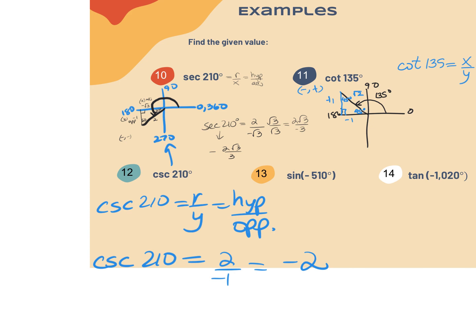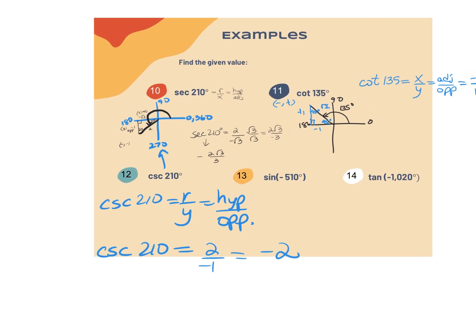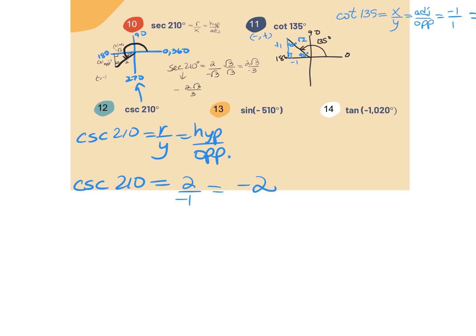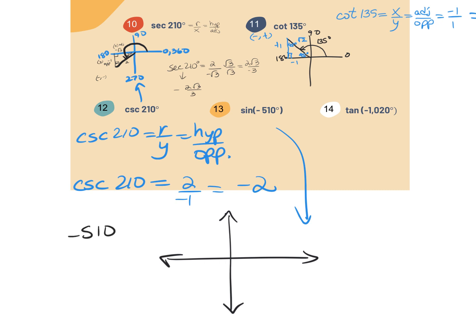For number 13, the sine of -510. Let me graph this one down here. So I'm going to be going clockwise. So if it helps you to figure out how many times you have to go around, I could start adding 360.